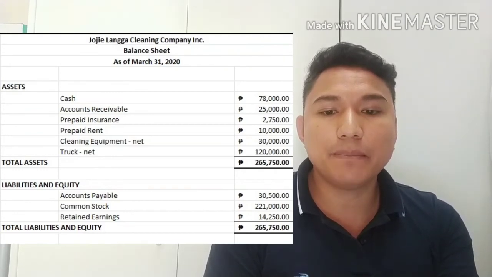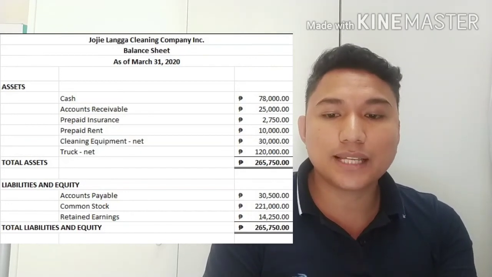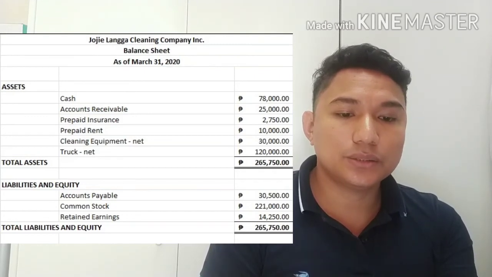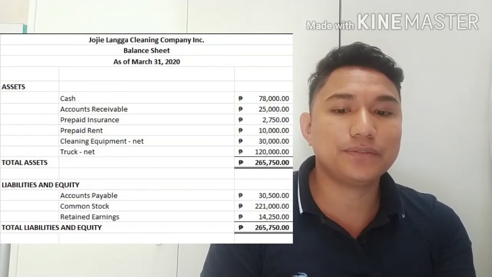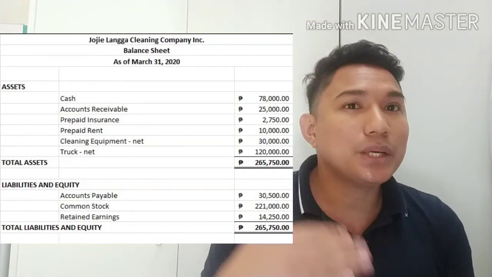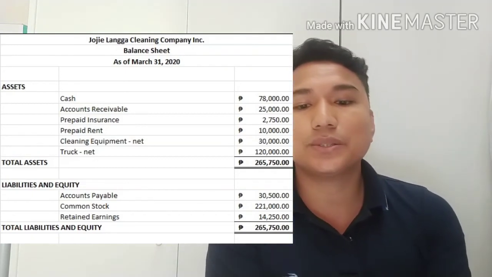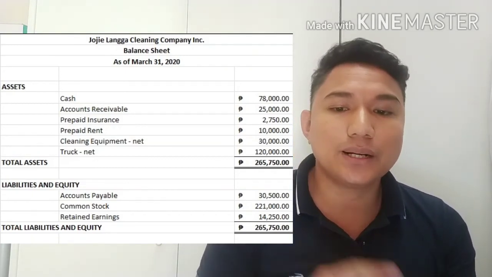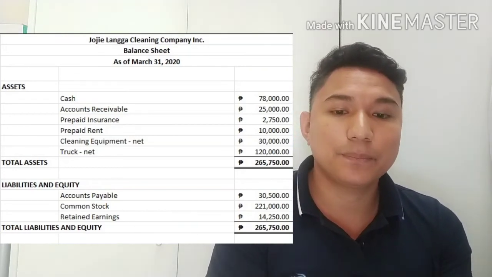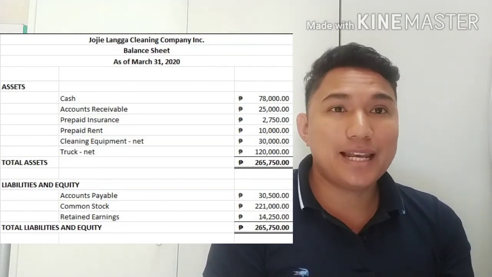We have total liabilities of 30,500, and total stockholders' equity of 235,250. Total liabilities and stockholders' equity must be equal to the total asset. So total liabilities and stockholders' equity of 265,750 is equal to the total asset of 265,750. So your balance sheet is balanced.